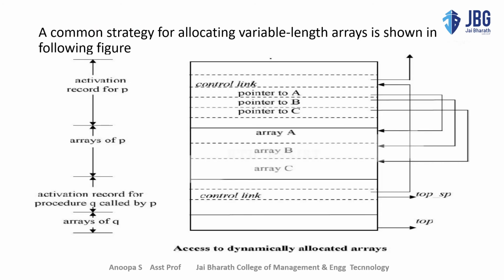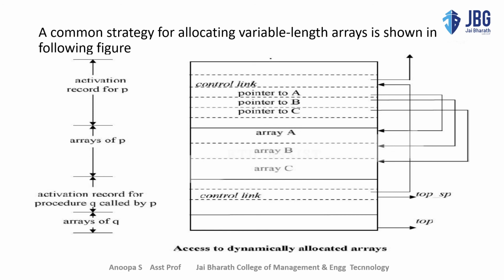Now this is an example to show a dynamically allocated array. We can see that this is a procedure P, the activation record of P is there, and this variable length array is there. Now when a procedure queue is called by P, an activation record for queue will be created, and again queue has another variable length array.